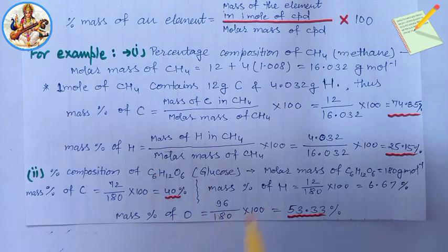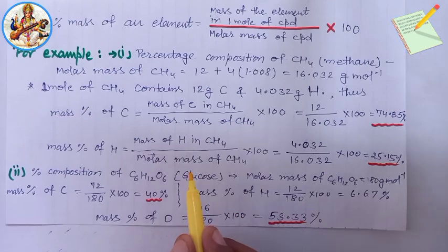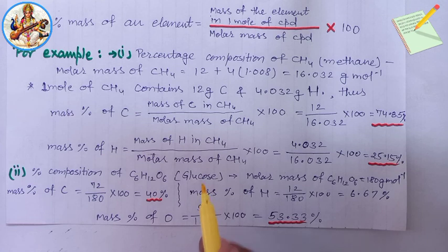The sum of the mass percentage of all elements in 1 mole of a compound is always equal to 100. In other words, 40 plus 6.67 plus 53.33 is equal to 100. It will always be 100. If the results of percentage composition obtained from chemical analysis are available, then we can determine the molecular formula easily.